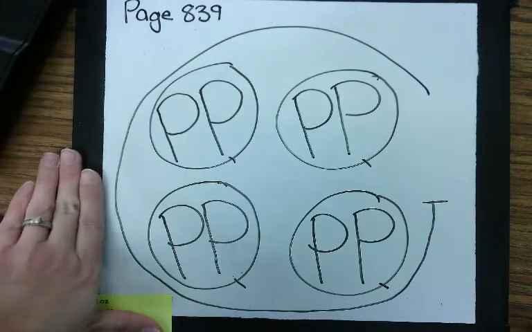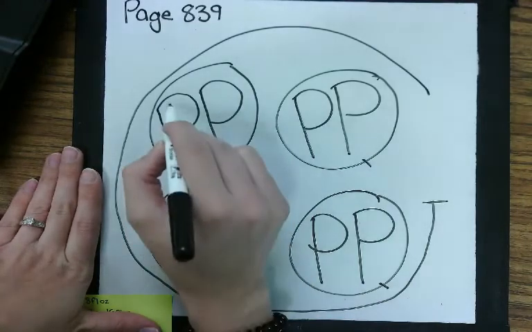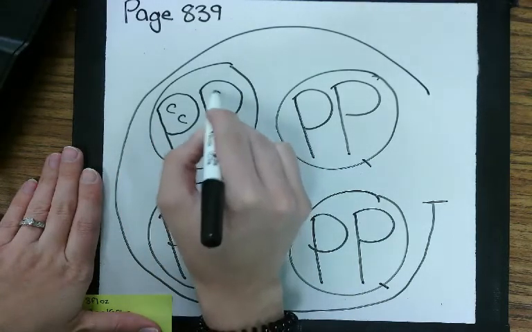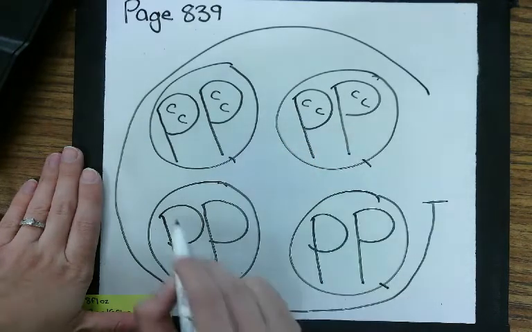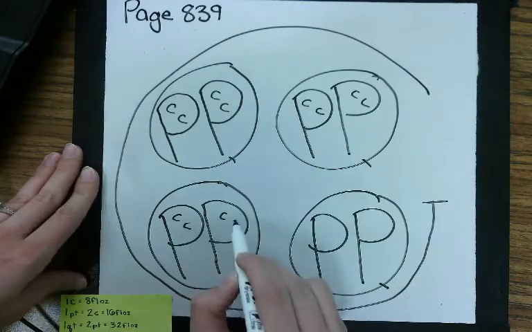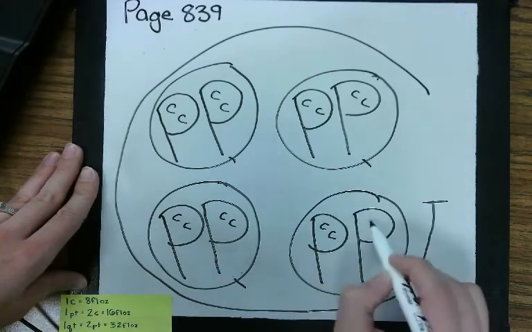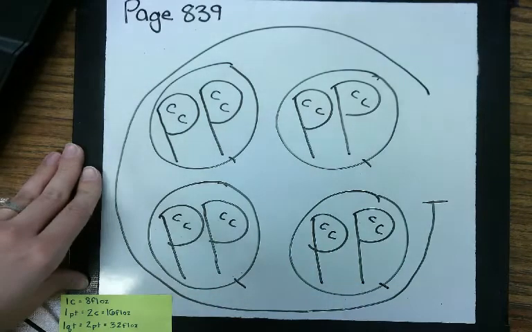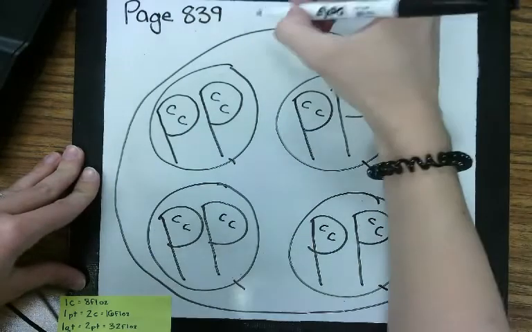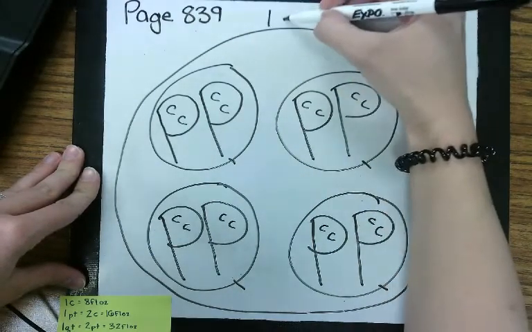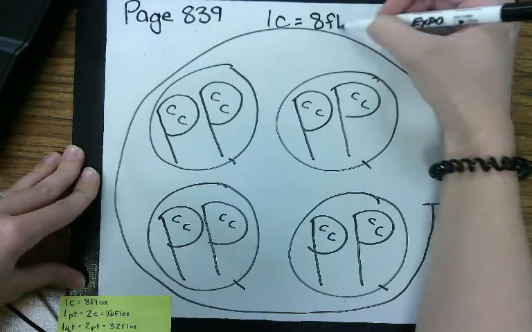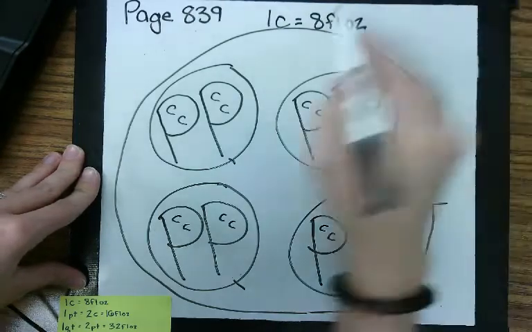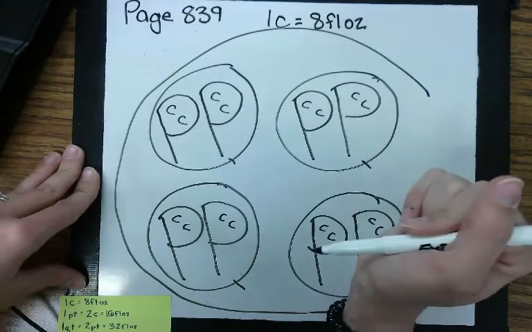And each prince and princess had 2 cats. And it was the motto of the kingdom that 1 cup equals 8 fluid ounces. You just have to put that up there because it doesn't fit inside the C's.